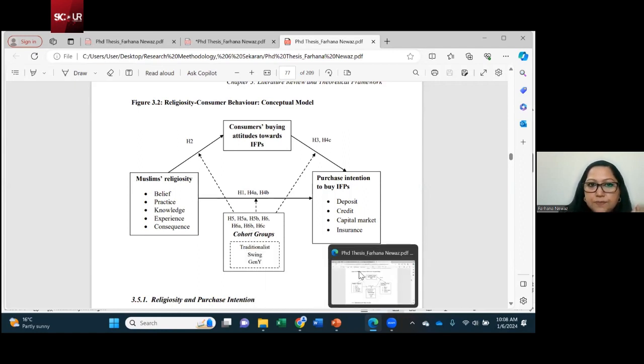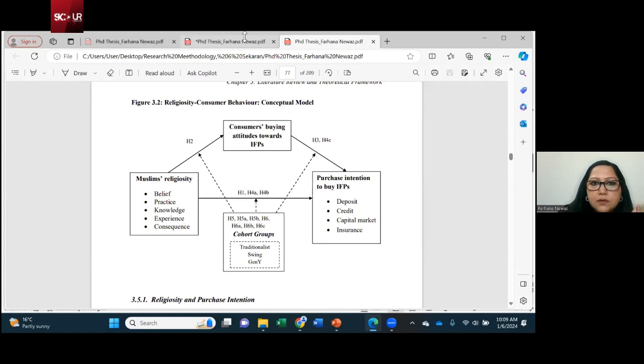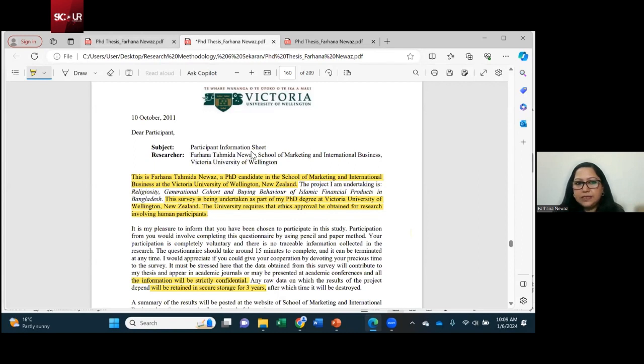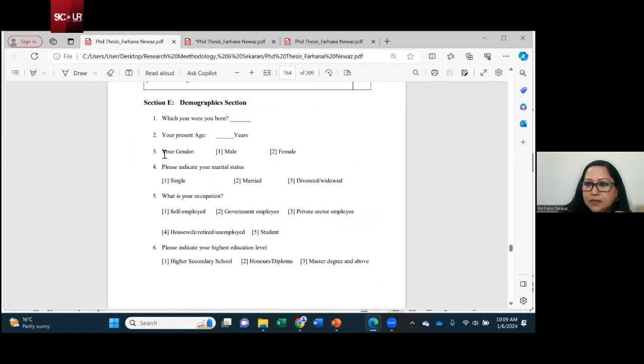Another example: suppose I'd like to measure your gender. What is your gender? I ask just one question, and you tick male or female. Or, indicate your marital status. I'm asking only one question, whether you are single, married, divorced, or others, and you just tick your answer.